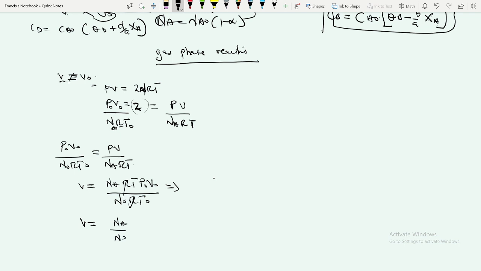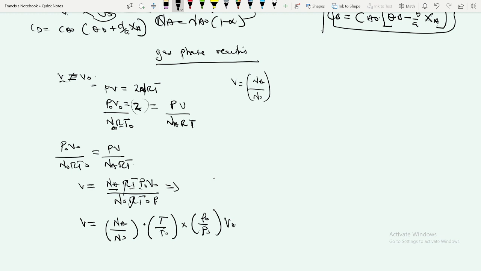So we have this n naught, nA over n naught multiplying, and then we can have T over T naught, and then we can have P. So I did P, so all over P. So P naught over P. So this is nA, this is T, this is P naught, so times V. So we get V is equal to nA over n naught, right?